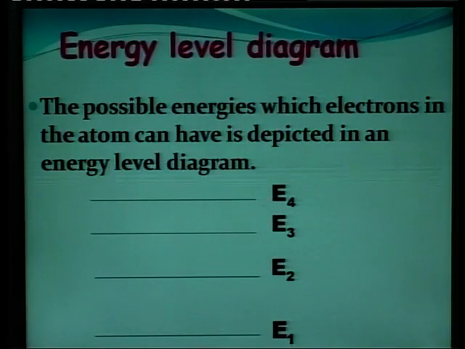These are labeled E1 level, E2 level, E3 level and E4 level. They correspond to different energy levels, or you can say electronic shells. They have different energies: K shell, L shell, M shell and so on. Just like that, these levels also represent different energies.